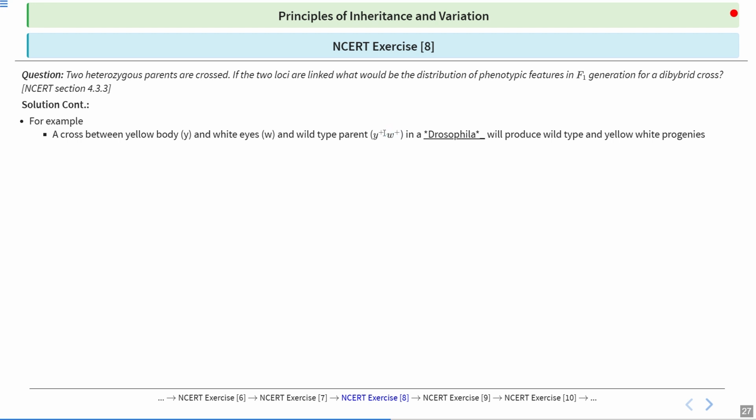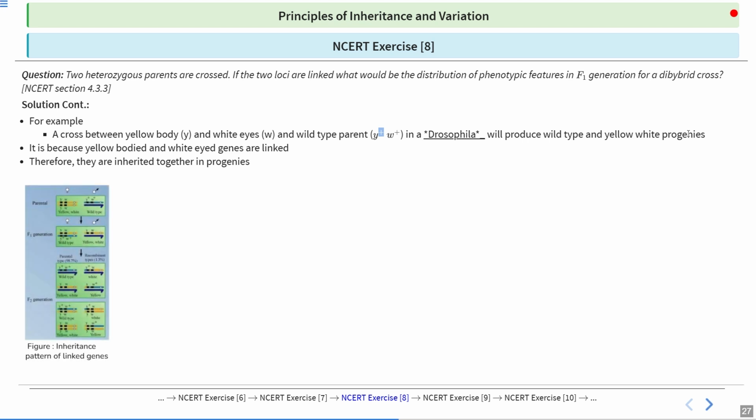The plus in the superscript represents the wild-type genes. This cross will produce wild-type and yellow-white progenies. It is because the yellow-body and white-eye genes are linked together. Therefore, they are inherited together in the progenies.